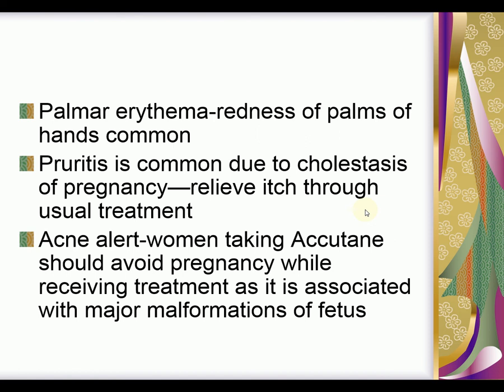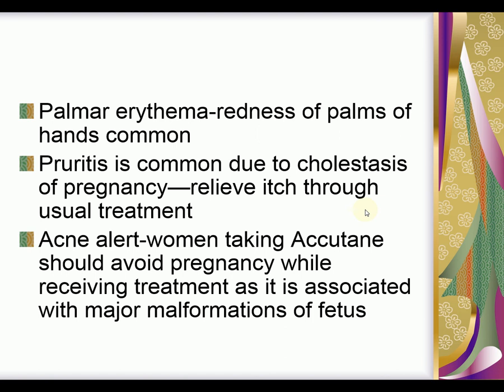Palmar erythema. A lot of times your pregnant women will have their palms turn red. Pruritus is a bad thing. You can actually develop PUPPP, which is pruritic urticarial papules and plaques of pregnancy. It affects 1 in 130 pregnancies, and it's very significant discomfort, but it doesn't cause any adverse effects.